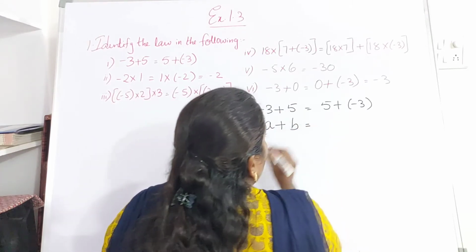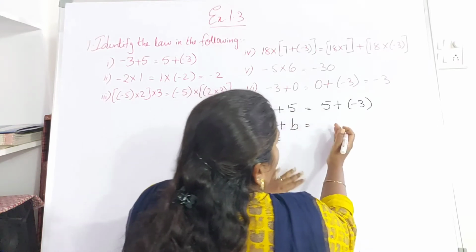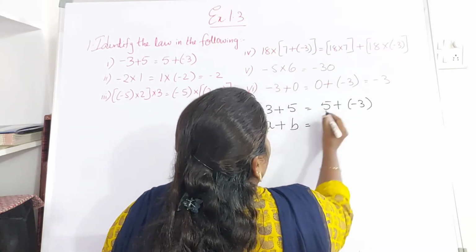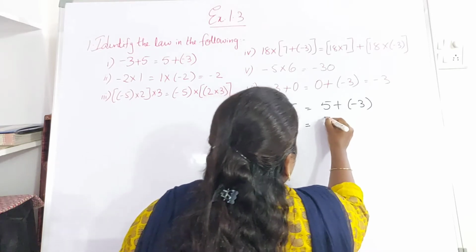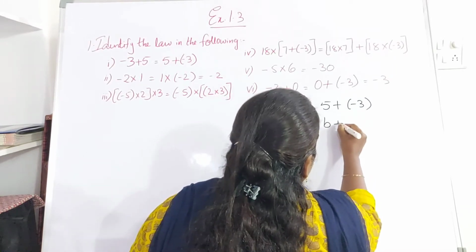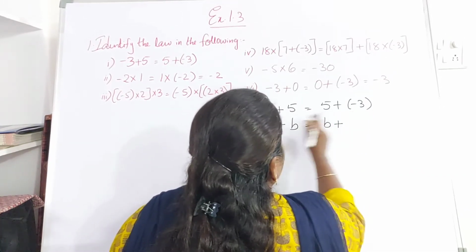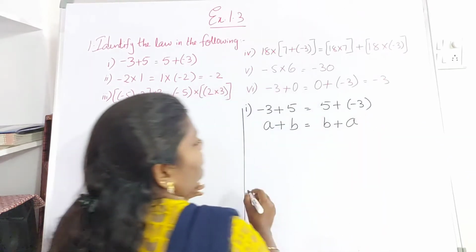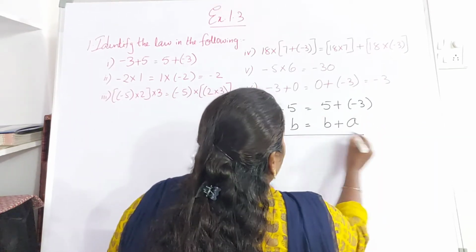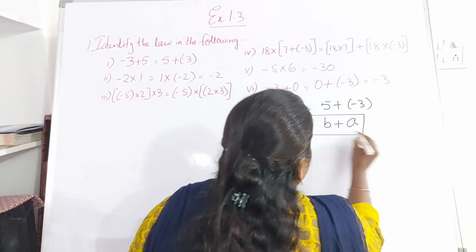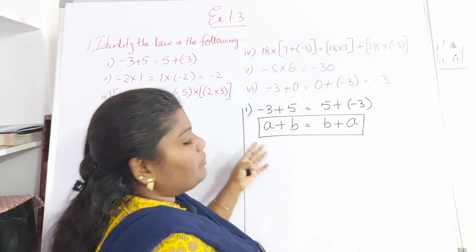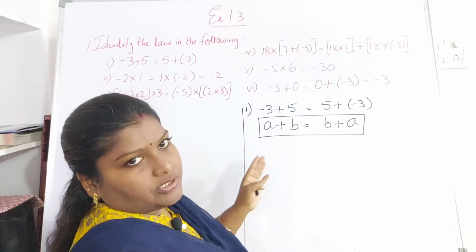So the same to be assumed to the RHS. So in place of 5 write B plus and in place of minus 3 it is A. Now see the property, it is A plus B is equal to B plus A. So this is a commutative property under addition.